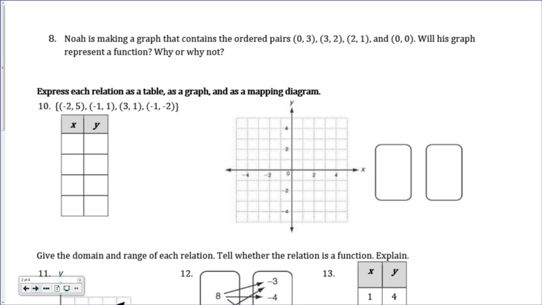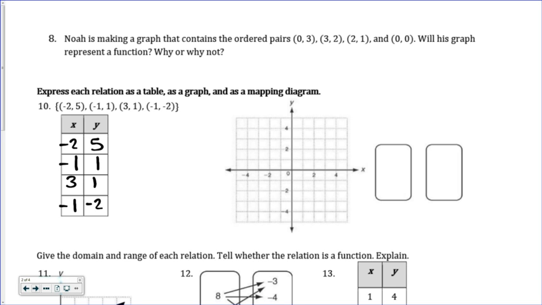So our first one, let's plug in to our ordered pairs. We have -2, 5, so we're plugging that into our x and y. -2, 5. Our second ordered pair is -1, 1. We have 3, 1, and -1, -2. Okay, so we're just taking our ordered pairs and plugging it into our table.